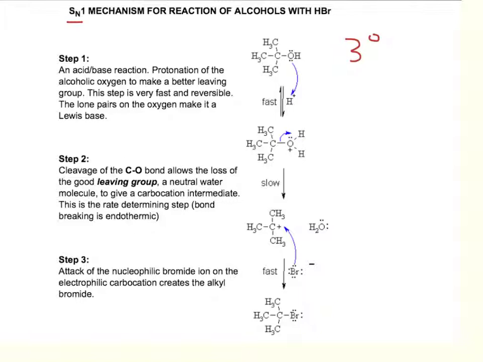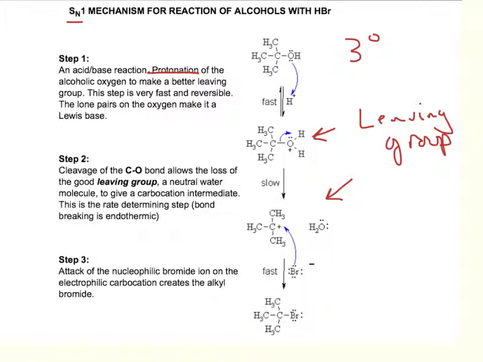And the SN1 mechanism, the key piece of this is that a carbocation is going to be formed. And the carbocation is what you see down here on this third diagram. But just to walk you through this, the first step is protonation, and that's the key word here. Protonation is we're adding a hydrogen to the hydroxyl. And what that allows, if I have a water group here, this water group is what we are going to call a leaving group.